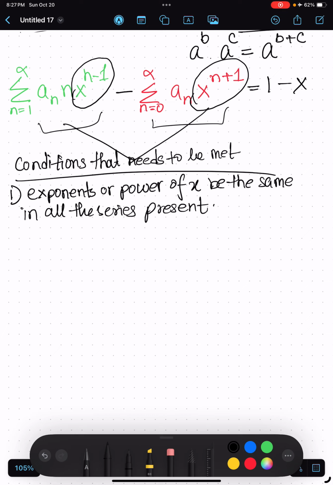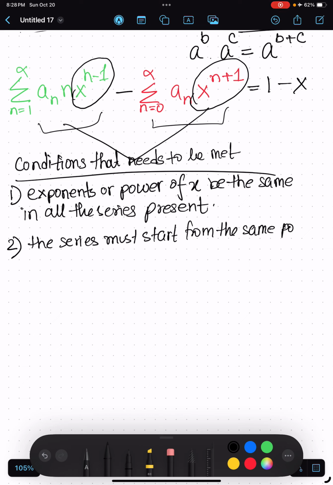All right. And our second condition is that the series must start from the same point, or I could say have the same starting index.